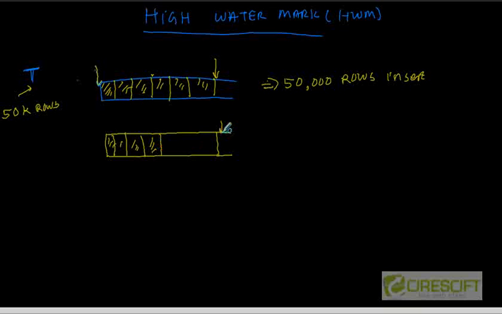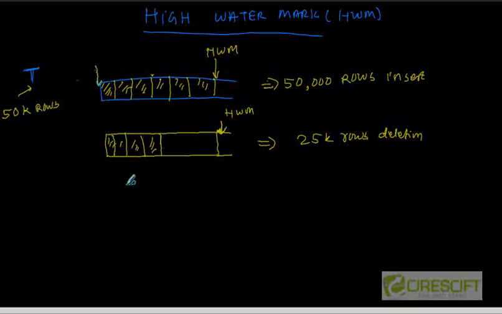But the high water mark is still at this point, up to the last possible insert. So this is the HWM, and after the 25,000 rows deletion, the high water mark remains the same. These are the empty spaces.